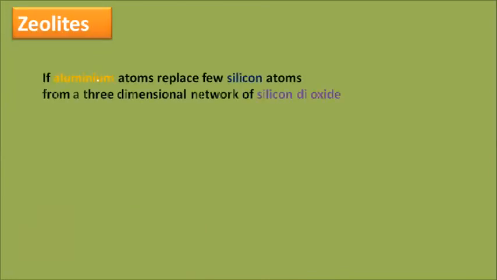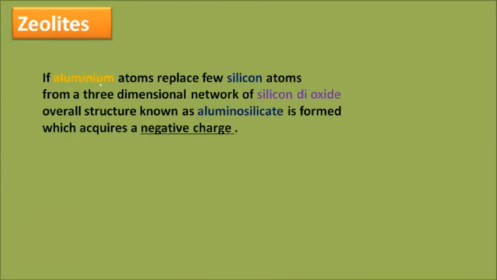Now zeolite என்னன்னு பார்த்துக்கலாம். Now we'll see what is zeolite. If aluminum atom replaces few silicon atoms from a 3-dimensional network of silicon dioxide. So SiO2 silica இல்லைங்களா, சிலிக்காவுல இருந்து நம்ம சிலிக்கானை ரிமூவ் பண்ணி அலுமினியத்தை ஆட் பண்றேன்.